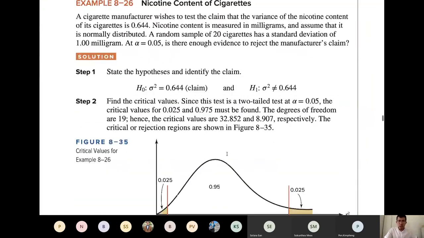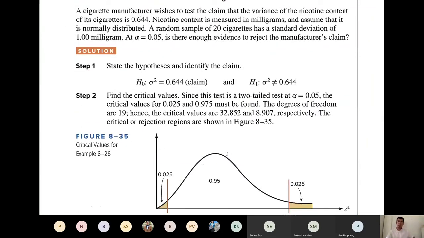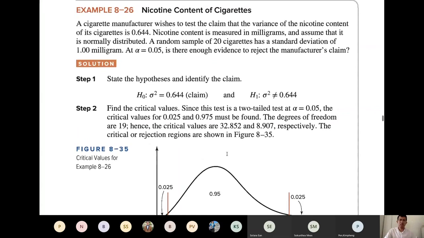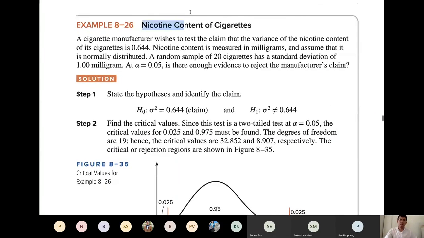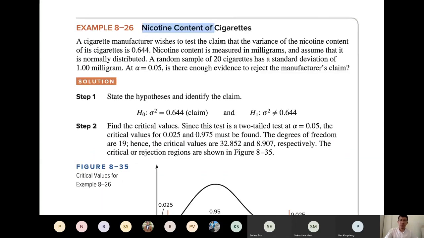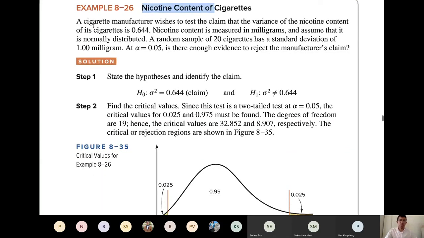Okay, and this is an example of a two-tailed test. We want to think about the nicotine content of cigarettes. A cigarette manufacturer wishes to test the claim that the variance of the nicotine content in its cigarettes is this value. Nicotine content is measured in milligrams and assume that it's normally distributed.